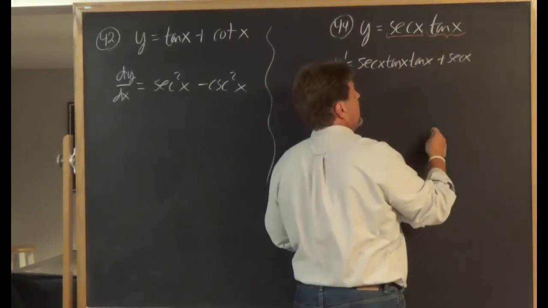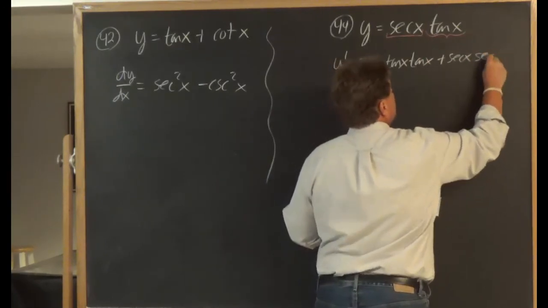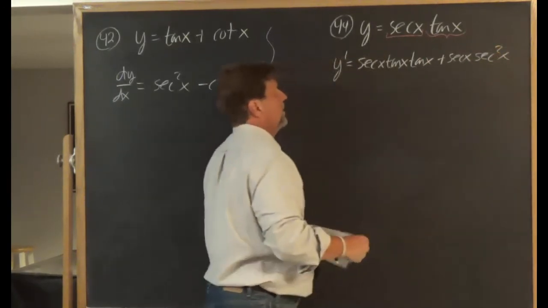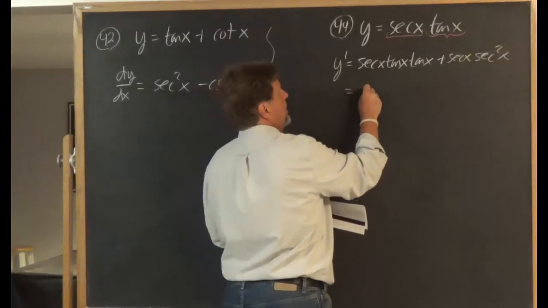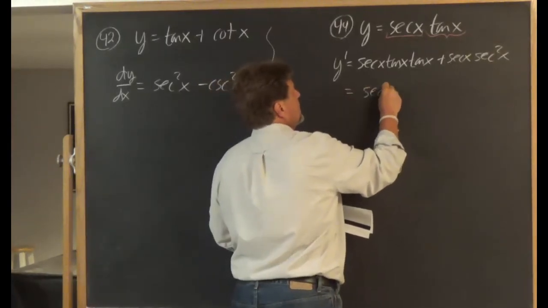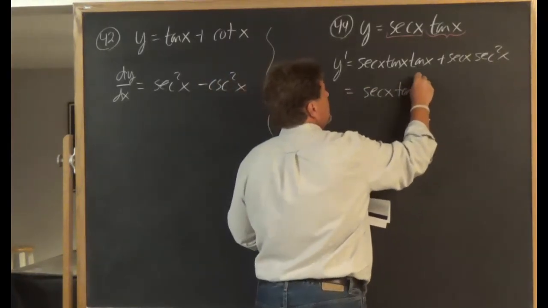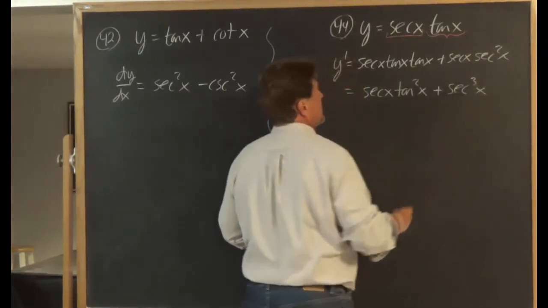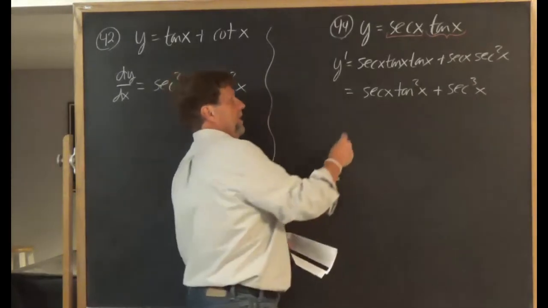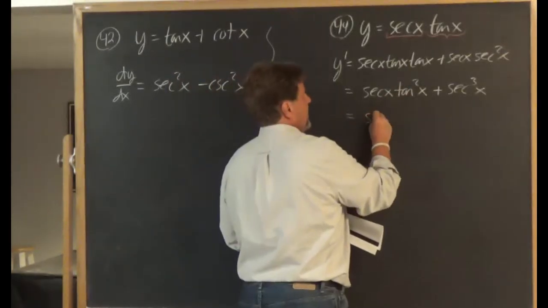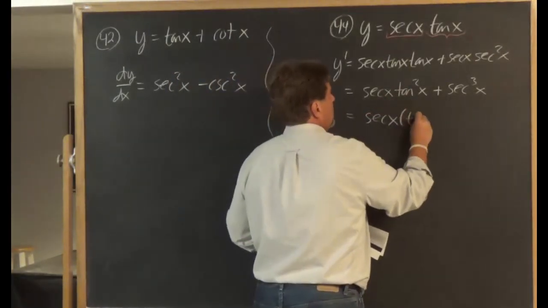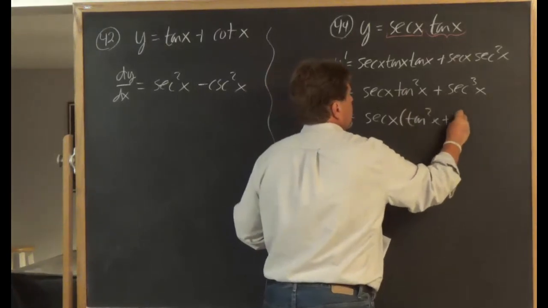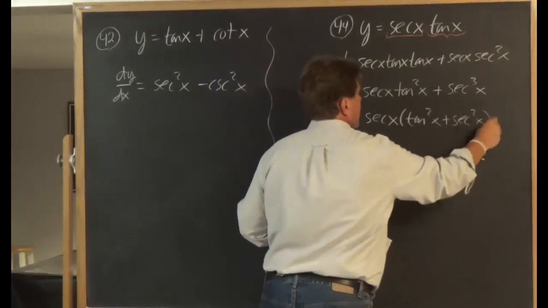The derivative of tangent x is secant squared x. I could write that as a secant x tangent squared x plus a secant cubed x. And we could factor out a secant x. I'm not going to go any further.